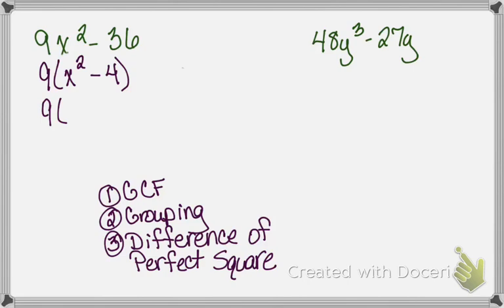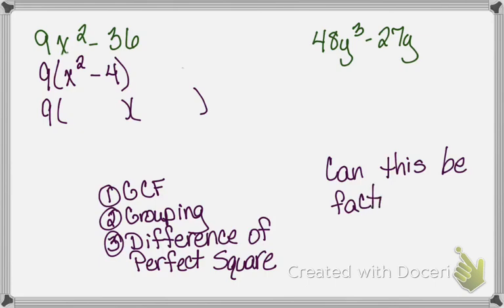Can I factor x squared minus 4? Yes, you have to keep going. When you think you're done, always ask yourself, can this be factored further? Okay? Can this be factored further? So I've done my GCF, and this can be factored further.